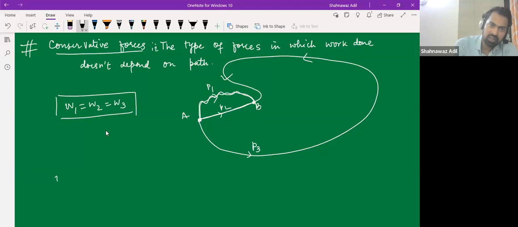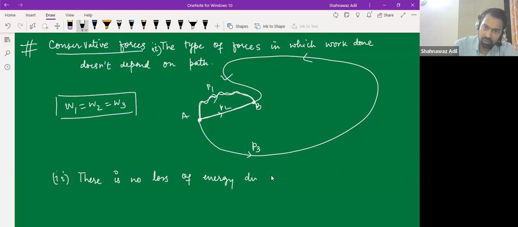The second thing is that there is no loss of energy due to this force, so no power is dissipated in these kinds of forces.